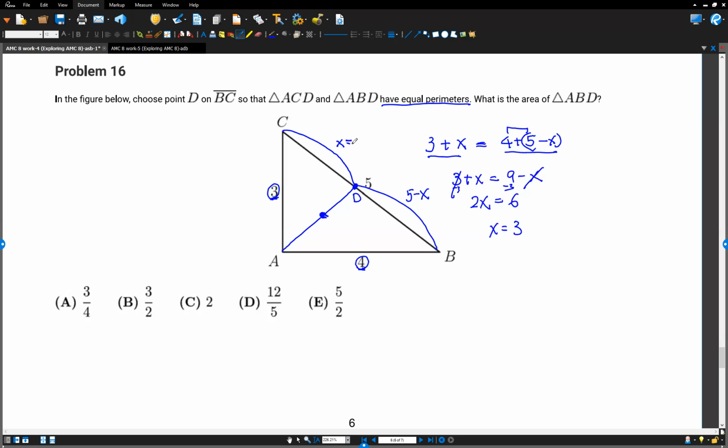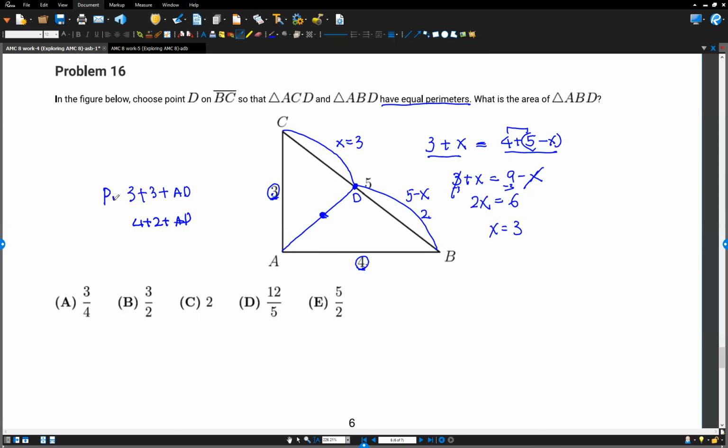If this side is 3, then 3 plus 3 is 6. 5 minus 3 is 2. 2 plus 4 is 6. Now the perimeters are equal, right? The perimeter is 3 plus CD plus AD, where AD is common. The other side is 4 plus 2 plus AD.